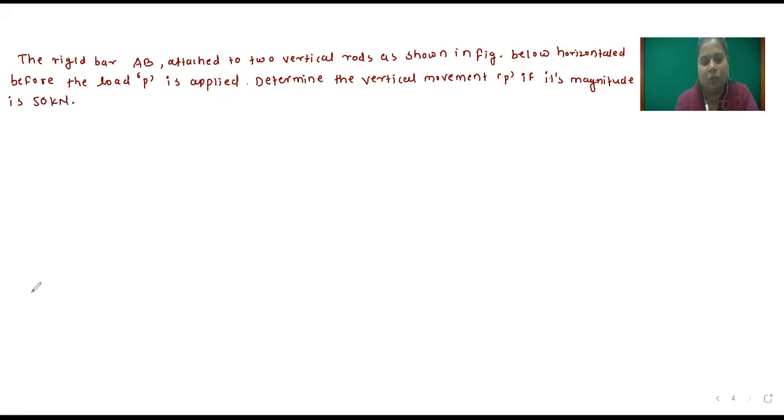The magnitude is 50 kilonewton. I will draw the figure simultaneously. You can also draw. Then we will solve the problem.